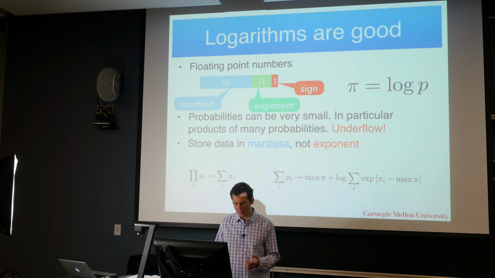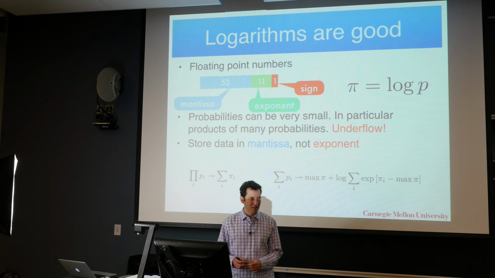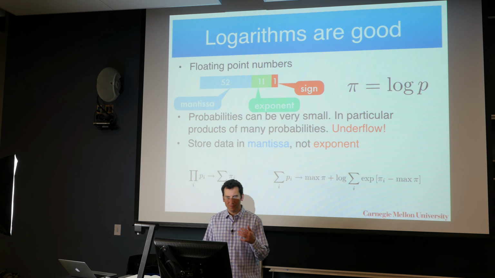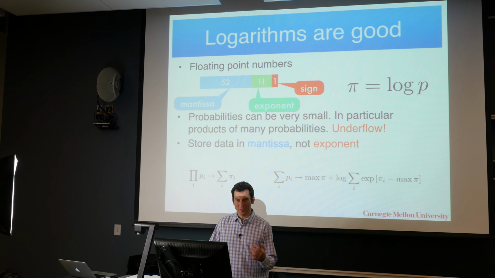Sorry, no, about, maybe this is about 1,000, right? So if you have an exponent that's smaller or larger than that, you run into trouble. So this means in practice that you can very well run into trouble with numerical overflow and underflow.